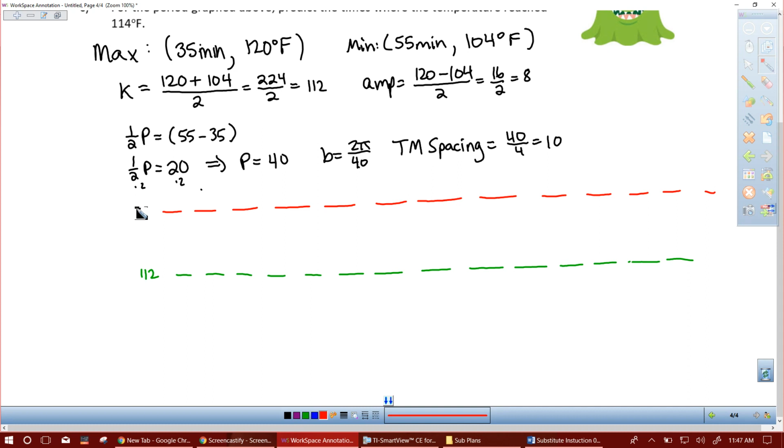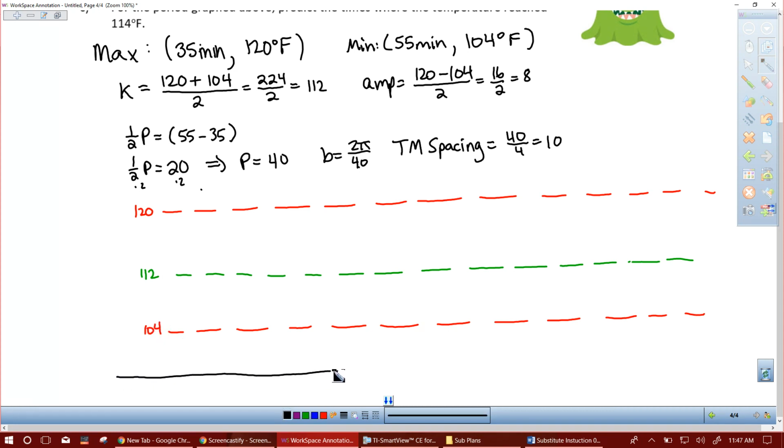That's going to be at 120. And I'll put my floor. And that's going to be at 104. I'll draw my x-axis in down here. And remember that that is my time axis.